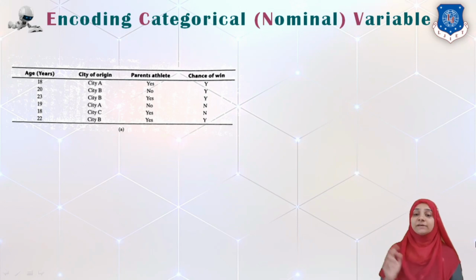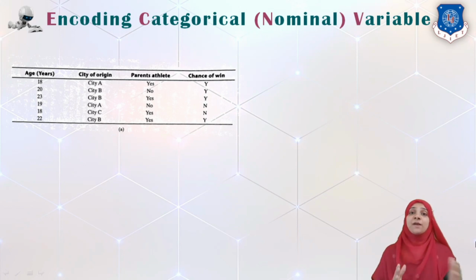Say for example here, as you can see, the column or attribute city of origin is nominal data because the values for city of origin are city A, city B and city C. We cannot order them or find a relationship between different cities. Like I cannot say city A is bigger than city B or city A comes before city B and so on. So there is no relationship among the values. That's why they are nominal in nature.